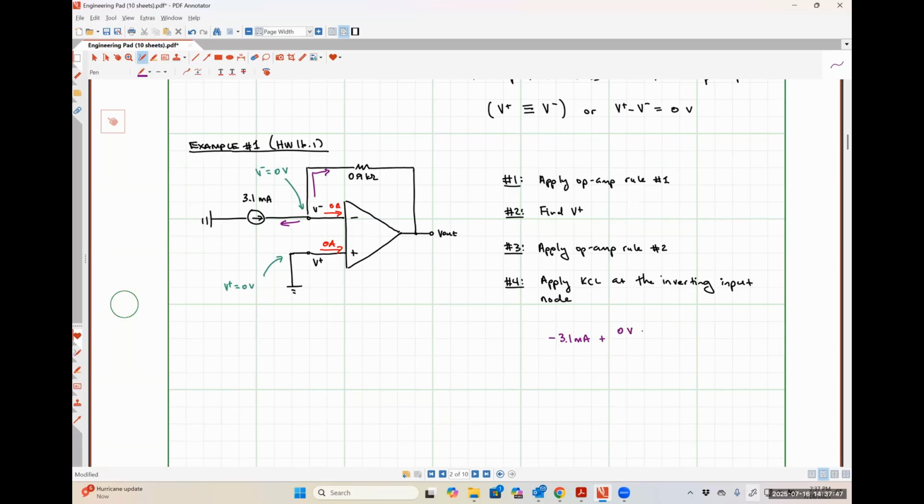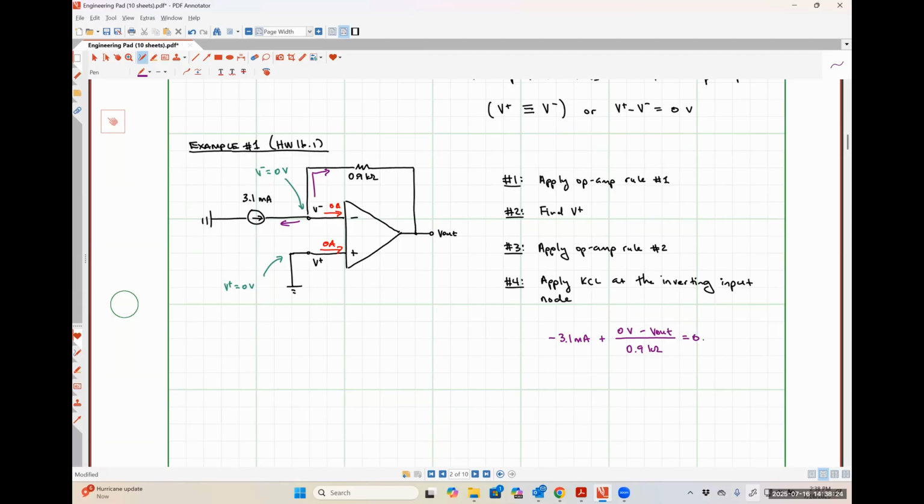So I have 0 volts minus V out, since that current is flowing to my output node, and I divide by the resistor value of 0.9 kilo ohms and set this equal to 0. That's what my KCL equation looks like. It's exactly as if I had written a nodal analysis equation at that node, because all of the voltages we're dealing with are measured with respect to ground, so they're all nodal voltages.